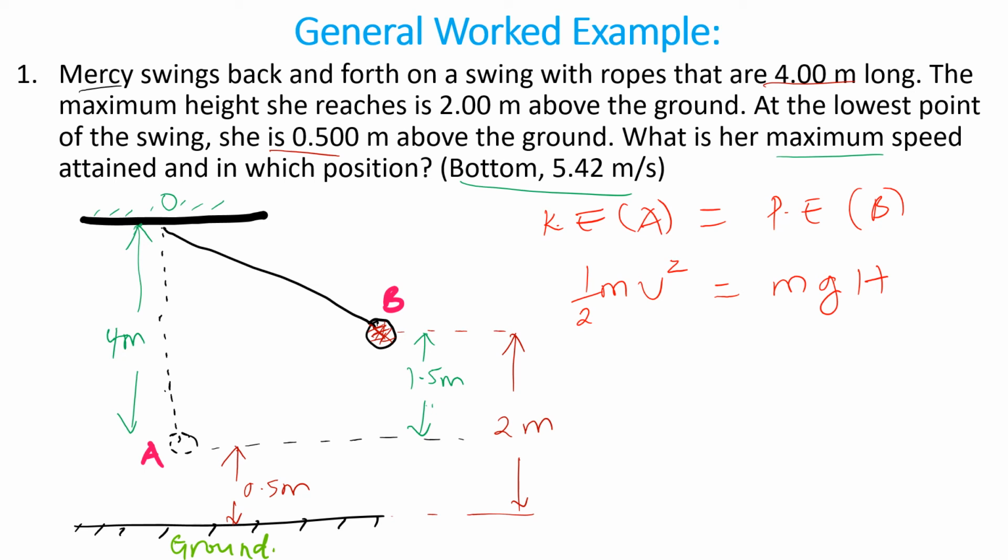Then you can see that the mass is here and the mass there, they are the same. Since we want the maximum speed, call this V max.